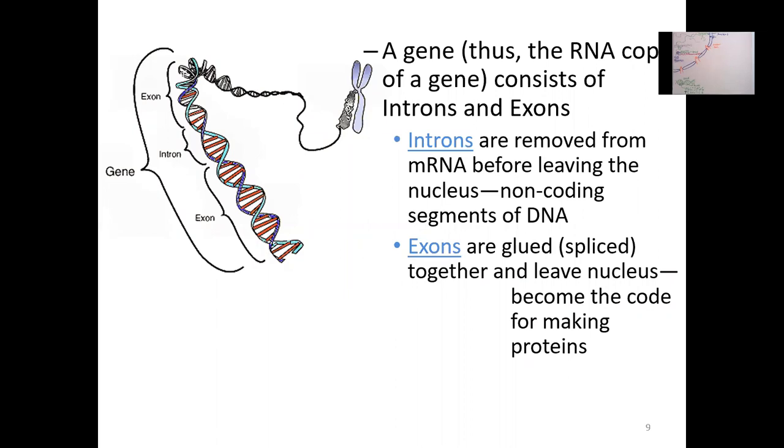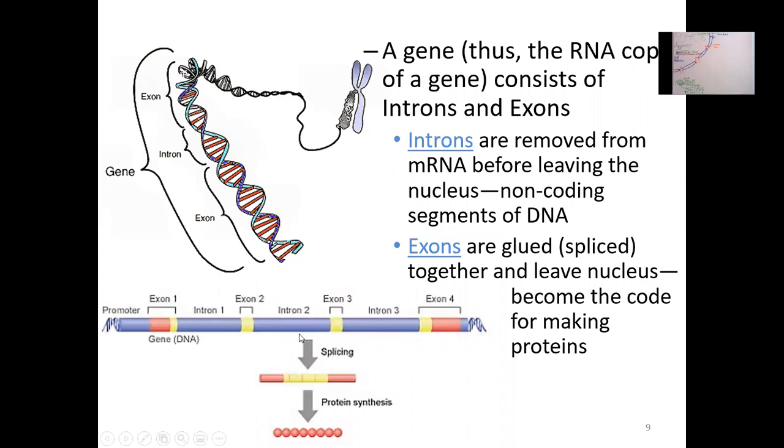They are telling the ribosome, as we're going to see, what amino acids to bring together to make the protein. So the exons are the stuff that we want to keep in, and the introns are the stuff that we want to exit. I know it's exactly opposite of what you would want it to be, but unfortunately, that's how it goes.